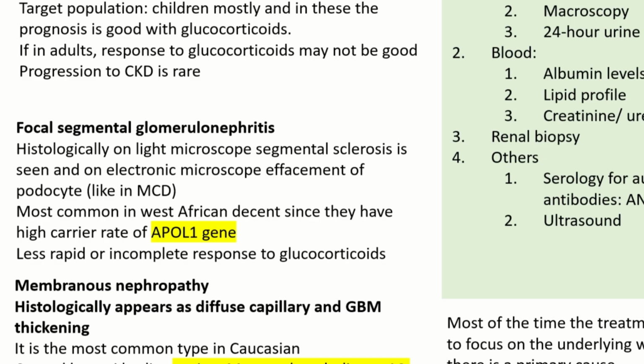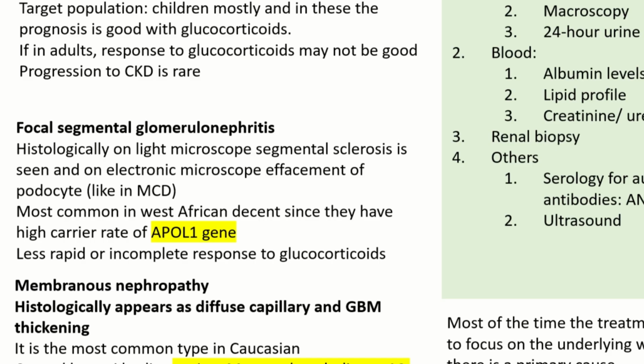Then the next one is focal segmental glomerulonephritis, and this one is associated with West African descent, people from West Africa or Black people, and it is associated with the APOL1 gene, which is commonly found in those people.